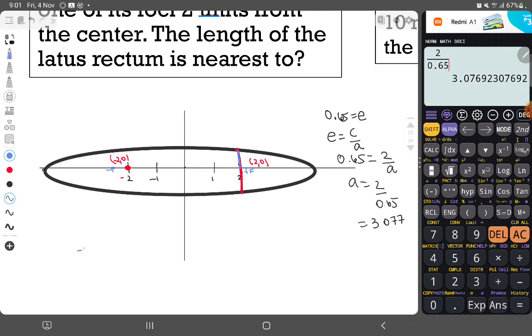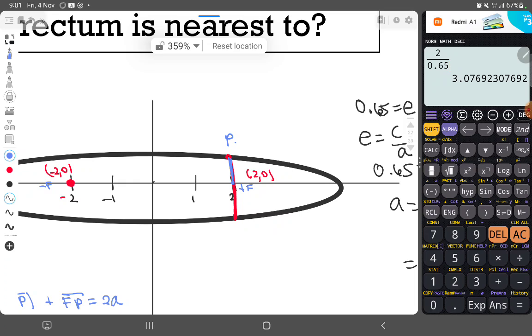So at any point we have negative F to that particular point plus positive F to that point, which is equal to our constant, which is equal to our 2A, right? So therefore easily we can derive our equation. Let's say this point P is at x, unknown point y.